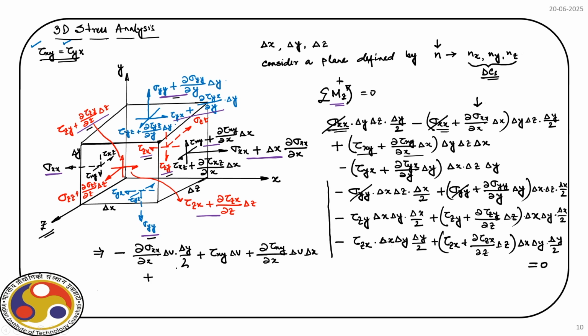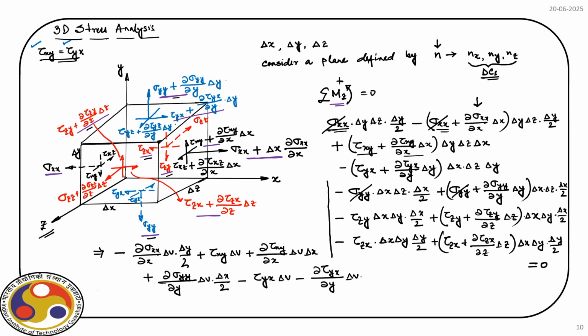So, we will have variation of sigma yy over y, then delta v times delta x by 2, then minus tau yx times delta v, then obviously minus variation of tau yx over y axis.